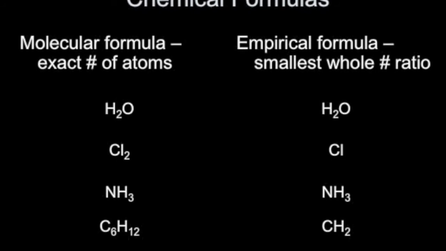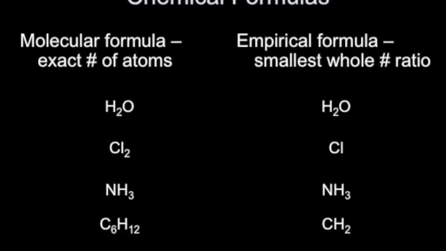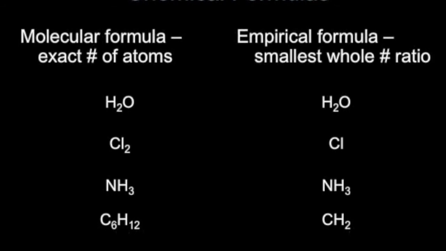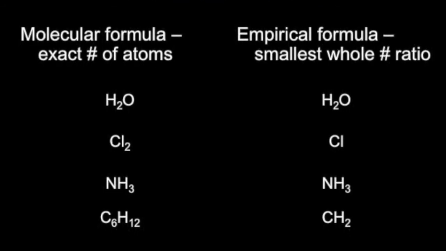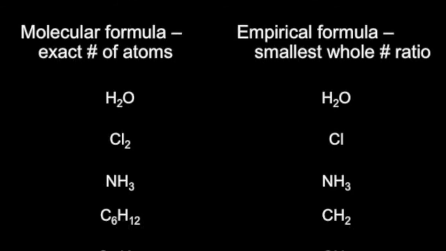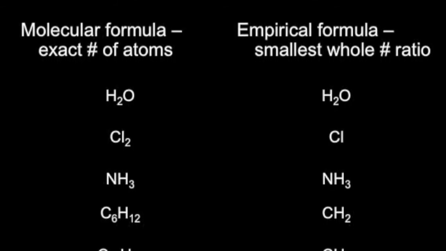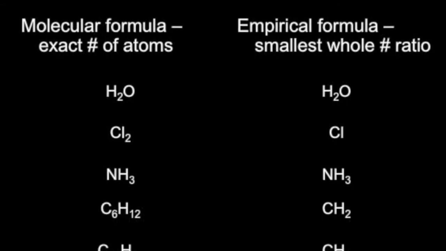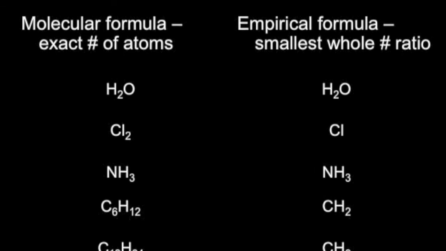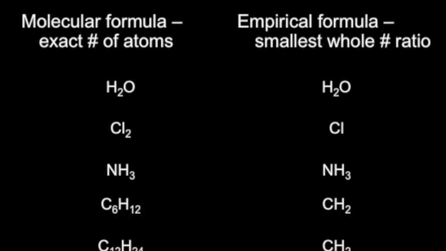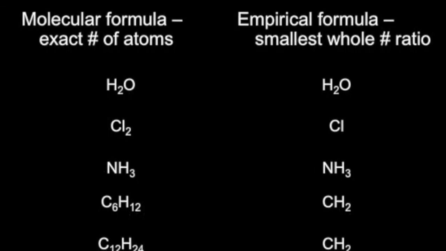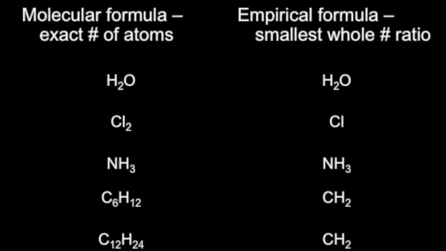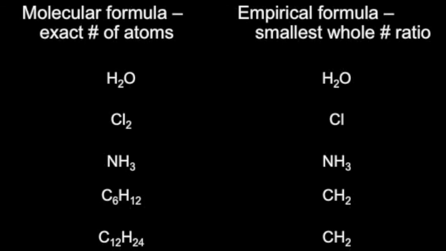If we look at its simplest whole number ratio, that would be CH2. So the molecular formula and the empirical formula are different. And we can look at a larger molecule, C12H24, which also has the same empirical formula, CH2. So multiple molecules can have the same empirical formula, but they'll only be represented by a single molecular formula. So there's a difference, and we'll use this distinction to help us go from the amount of atoms that are present to an actual formula in the next chapter.